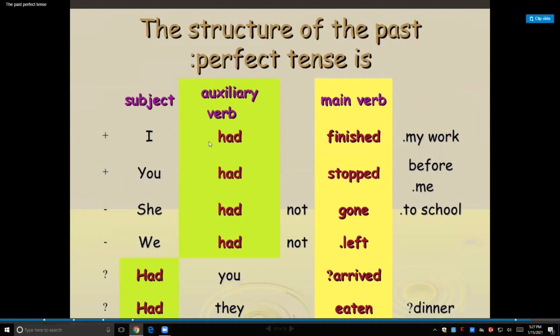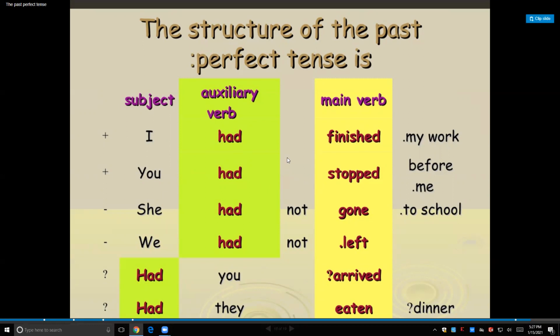This is the only auxiliary verb that we have in past perfect. That means no matter what the subject is, we'll always use the auxiliary verb had. With I we use had, with you we use had, with she, we, with all pronouns and all subjects we use had. So subject plus had plus the past participle, or third form of the verb. So I had finished my work: subject, plus had, auxiliary verb, plus third form of verb finished, and then the rest of the sentence. I had finished my work. You had stopped before me.